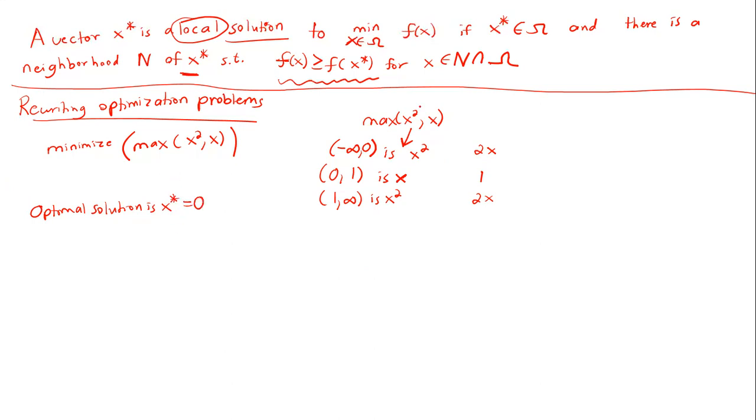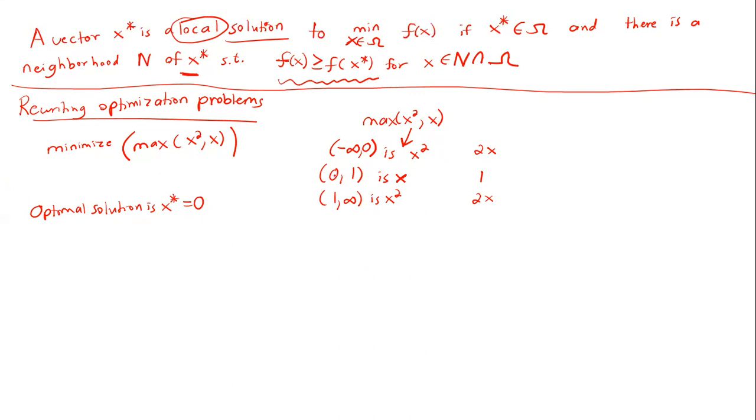The idea is that if you did x squared, no matter where you're at here, the value is going to be 0 or above because this is squared.